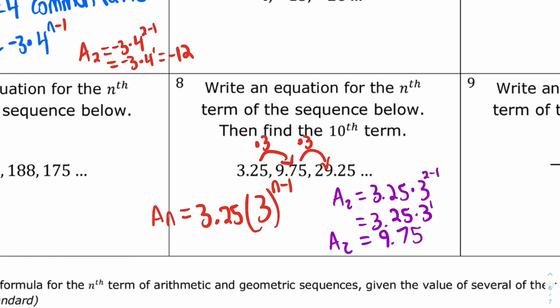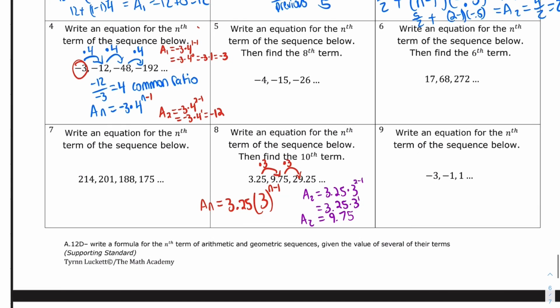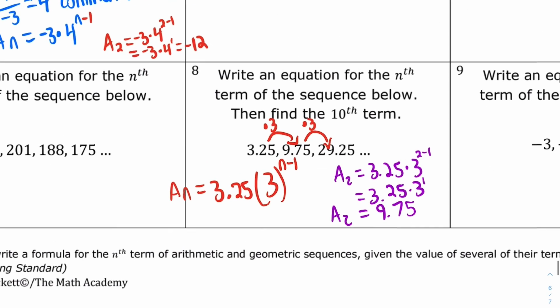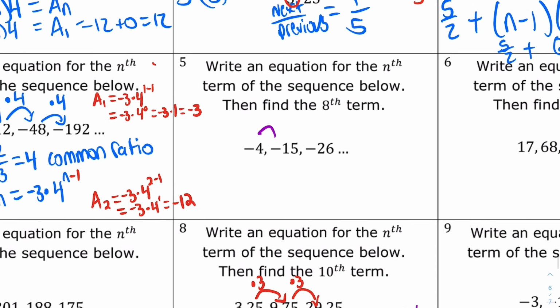And that's what we wanted. Okay, hopefully this is enough examples of geometric and arithmetic.